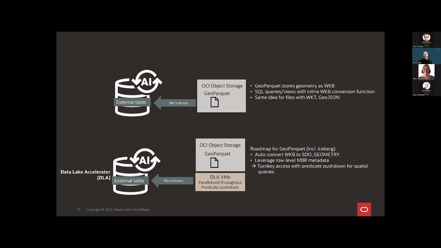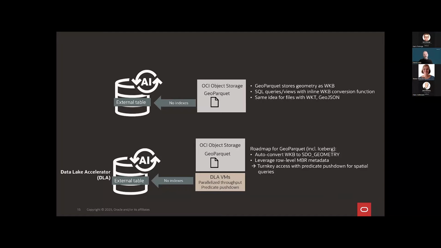And the Data Lake Accelerator does a couple of things. First of all, it provides an additional series of resources. You can see underneath object storage, which is a whole series of virtual machines that enable parallel data movement and avoid the bottlenecks of going through one thread to get all the data in and out. So you get the parallelization.